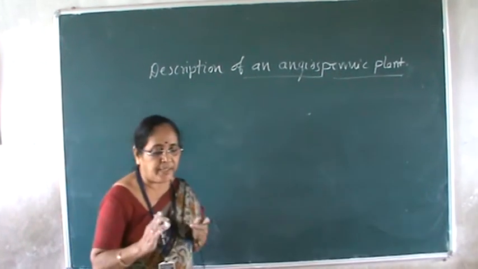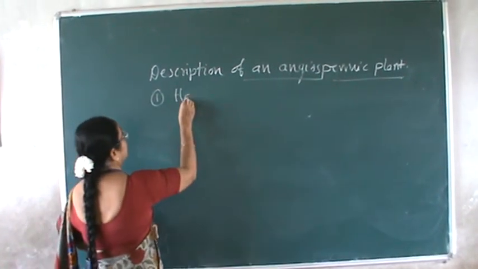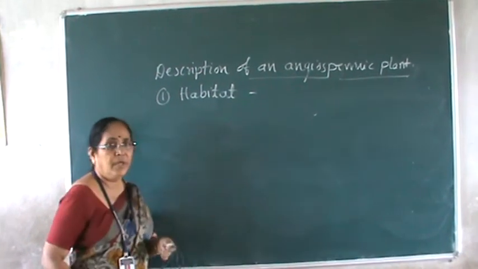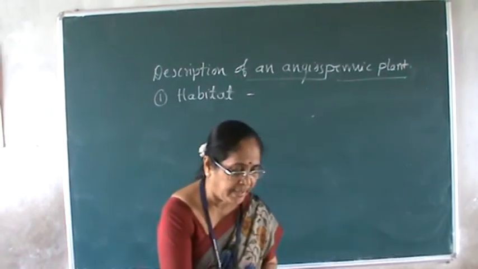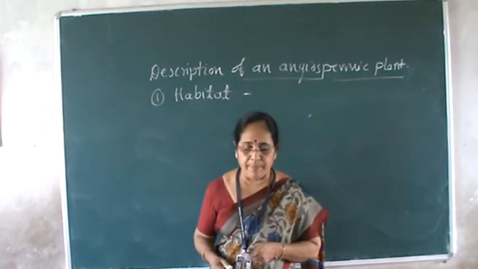So the first character you are going to write about the plant is the habitat of the plant. Habitat is the area where the plant generally grows, or it can be a cultivated plant.